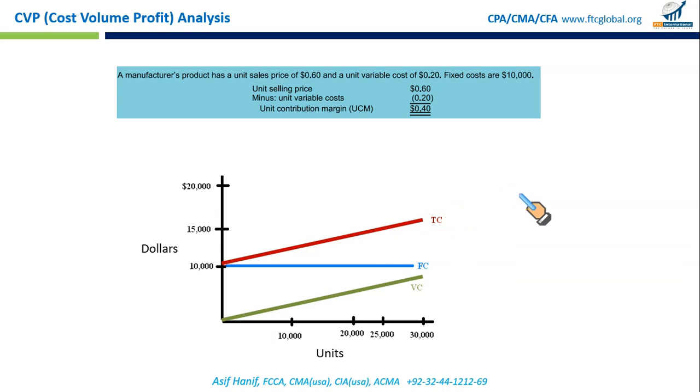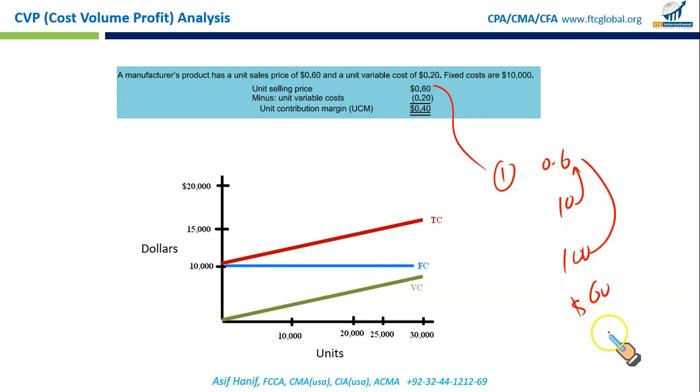Now bring in the last determinant of the break-even chart, revenue. Each unit I sell gets me 0.6. I sell 10 units, I get $6. I sell 100 units, I get $60. I sell 1,000 units, I get $600. I sell 10,000 units, I get 10,000 times 0.6, $6,000, which means the revenue line would be steeper because it is 0.60 per unit.